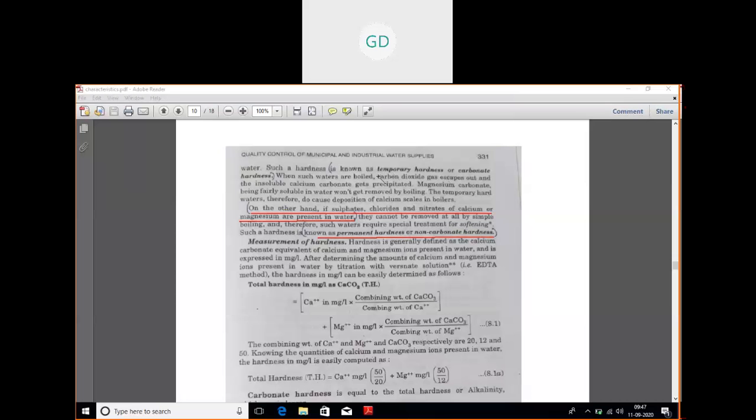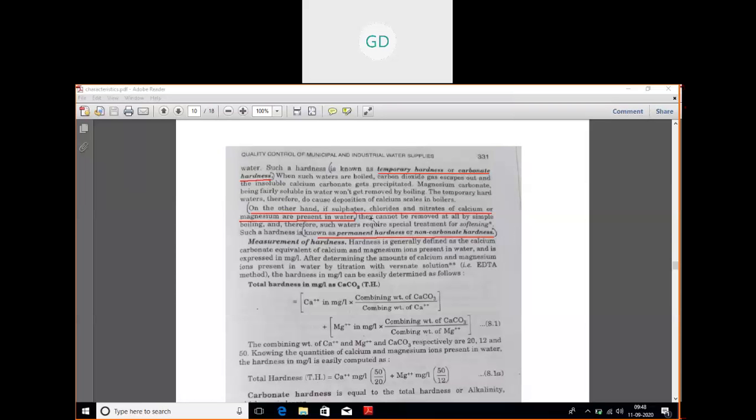So two names are there: temporary hardness or carbonate hardness, and the second one is permanent hardness or non-carbonate hardness. If sulfates, chlorides, and nitrates of calcium or magnesium salts are present in water, then the water is considered to have permanent hardness.